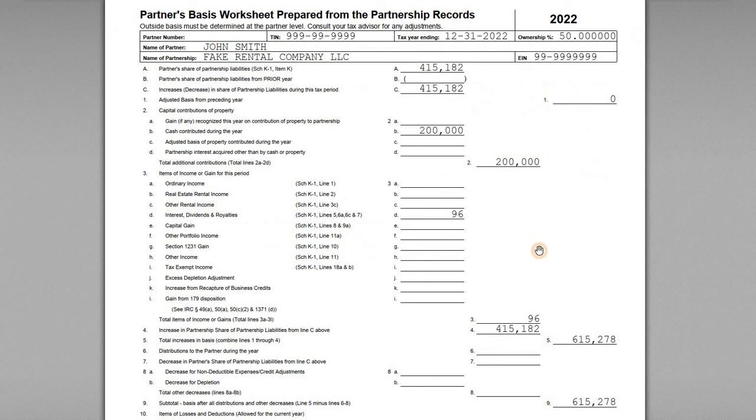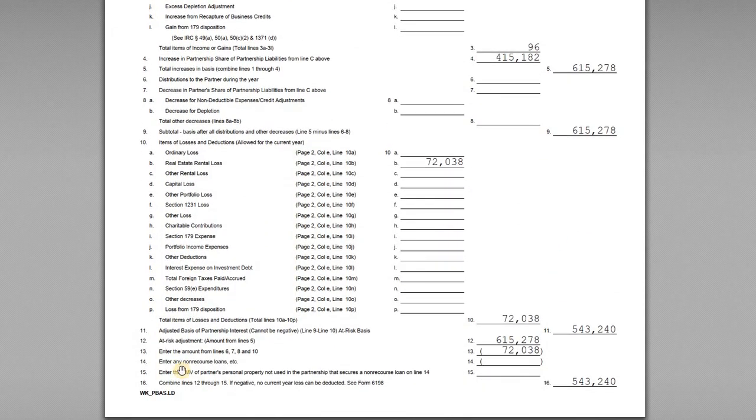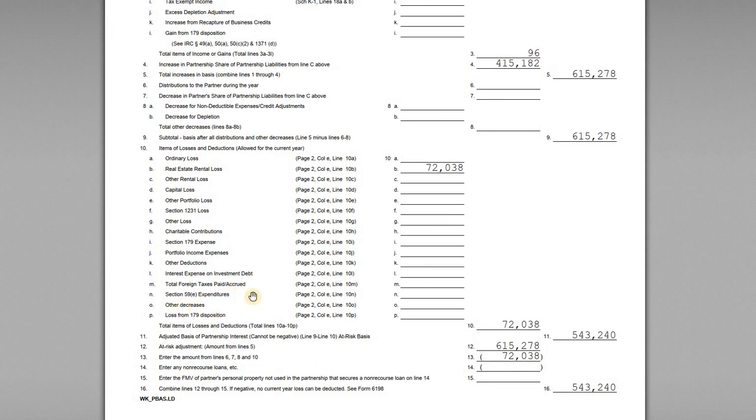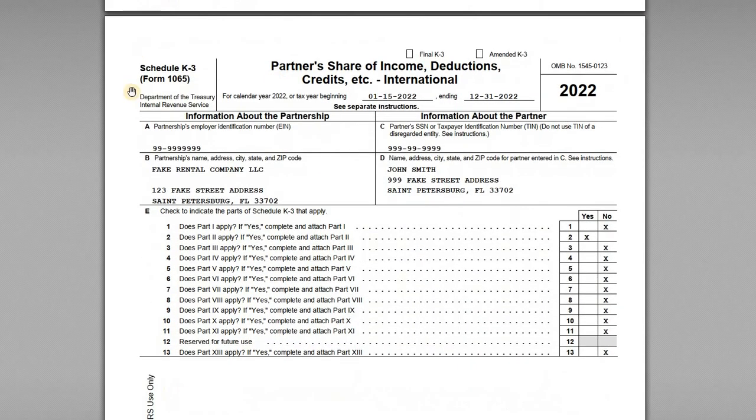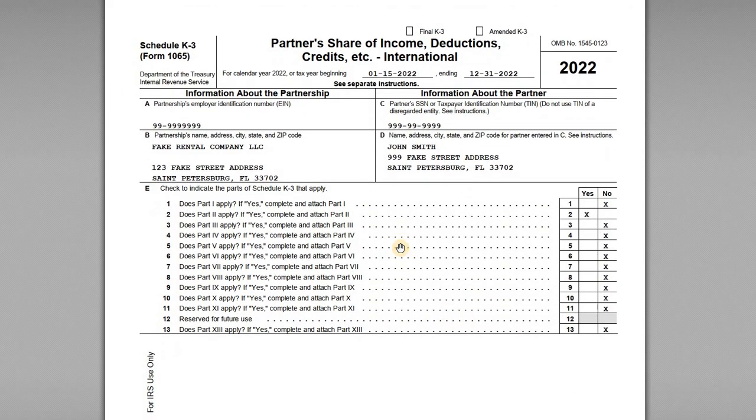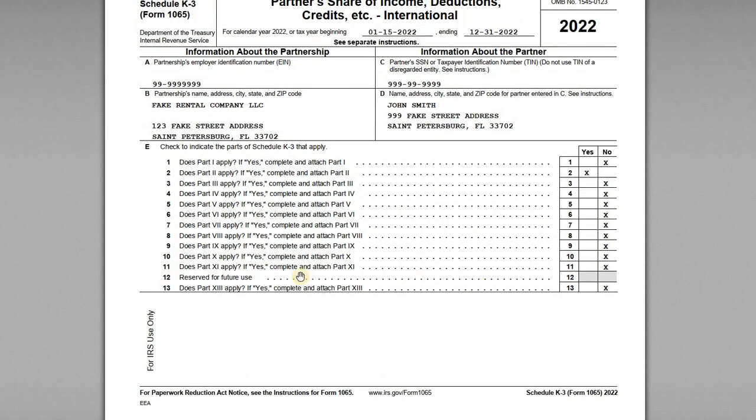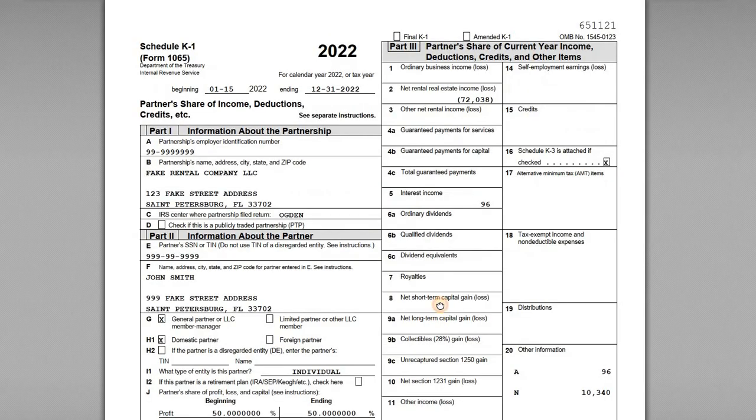So that's reconciling with what we have on his worksheet here. And then the next piece that John will have is his Schedule K3. So it's his allocation of what we see on the K2 items. And that's it. I won't go through Jane's, because it's just a duplicate of what John has.